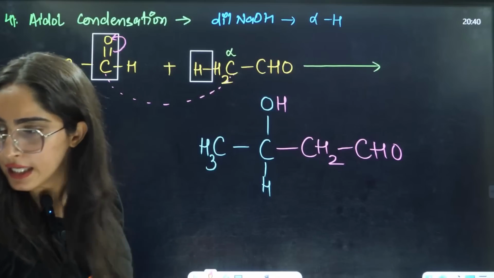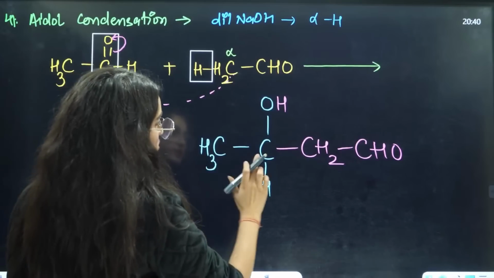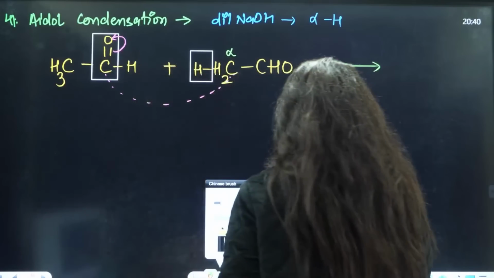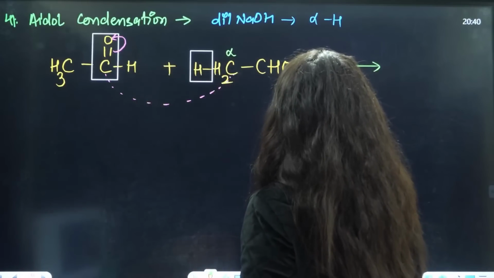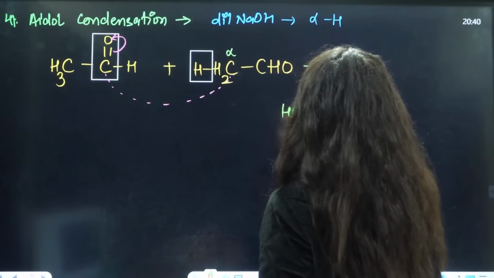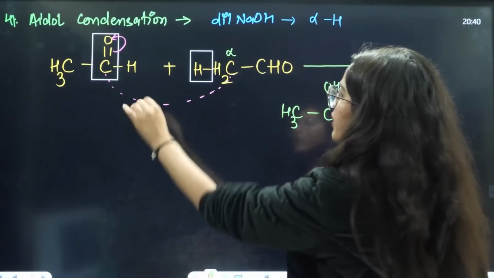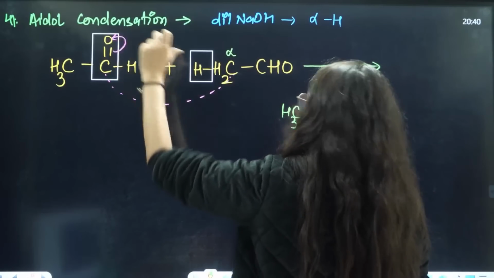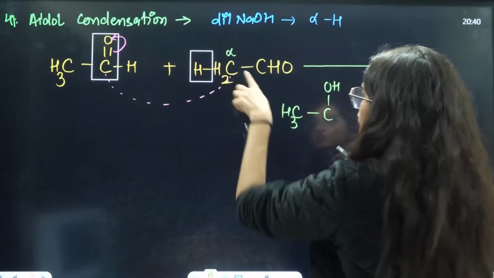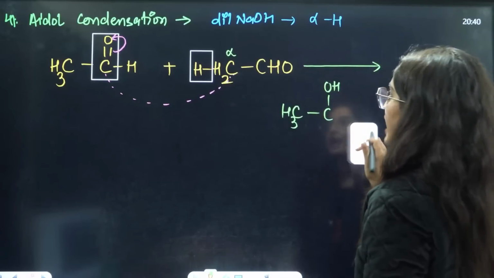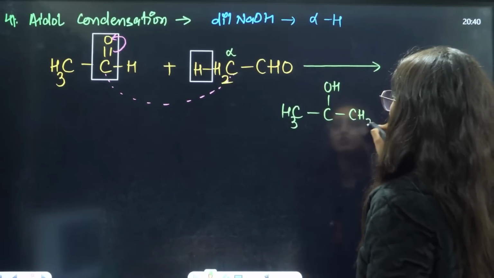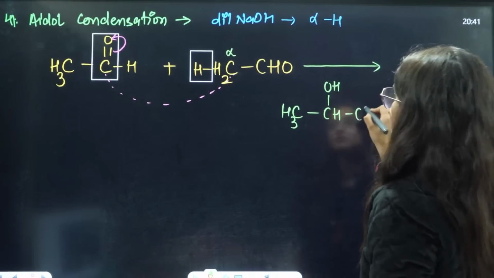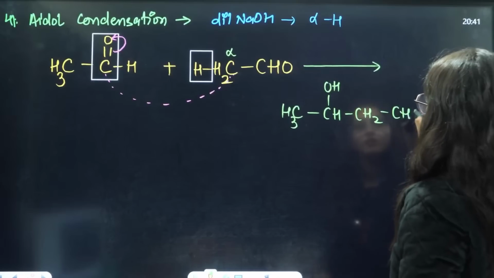So, CH3, COH. Convert double bond O to OH. Then attach this to this one. This is CCH2. Then complete the valency by hydrogen. This is H, this is CH2, this is CHO.